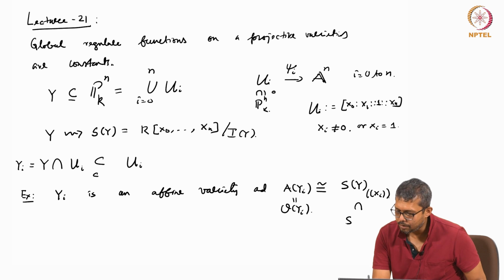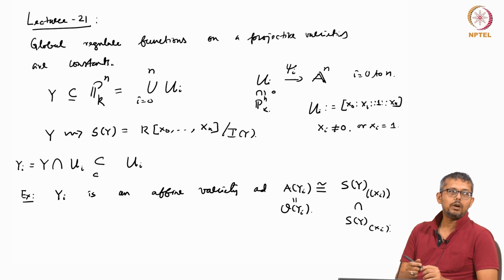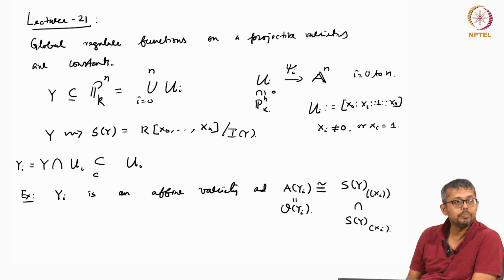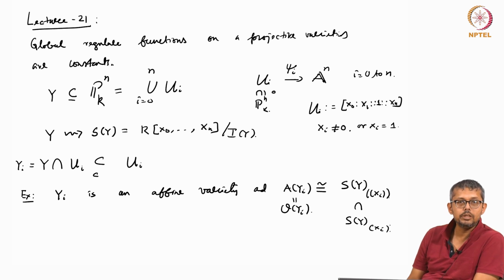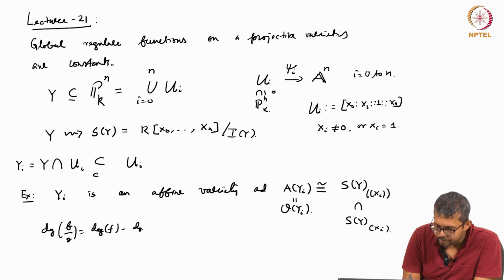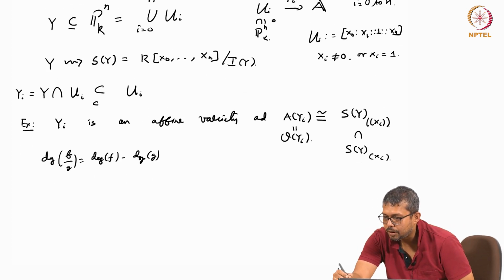It is a subring because if you take two degree 0 elements, the grading is important, because the degree of f by g you define as the degree of f minus the degree of g.